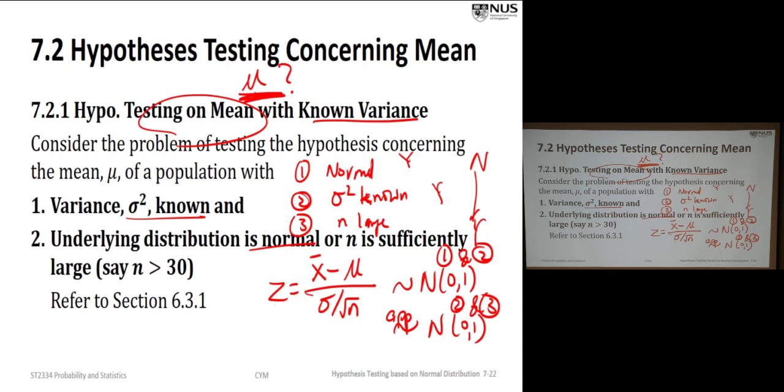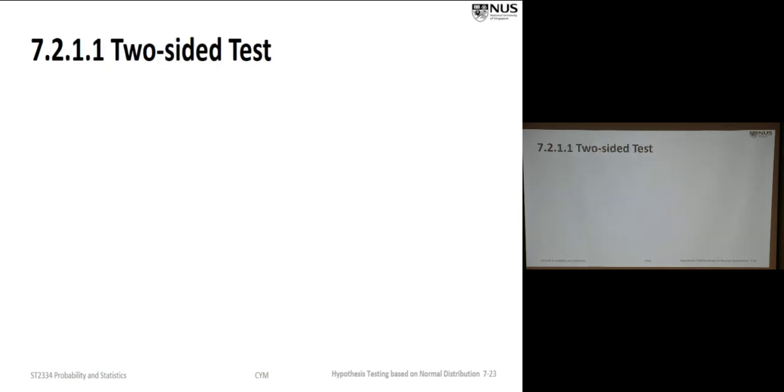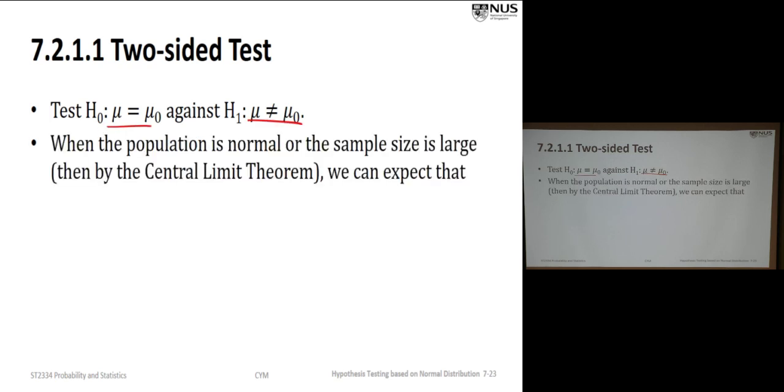Then you ask yourself, what is the critical value, or how do I define my critical region? All right? Now this is a little bit more complicated. We have 3 scenarios. One is a 2-sided test, that is testing this one. Now this is X bar, normally distributed, or approximately normally distributed.